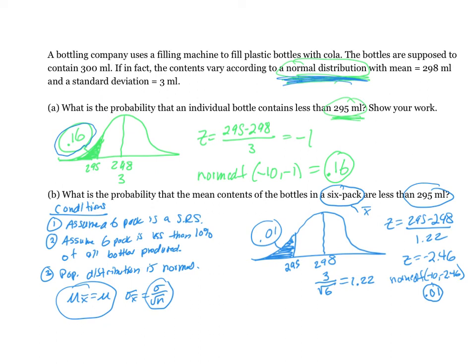So one thing to notice here: it's harder for a sample mean to be further away from the population mean than it is for an individual measurement. One bottle had a 16% chance of being there, but there's only a 1% chance of finding a 6-pack that averages that. So averages are always less variable than individual amounts.